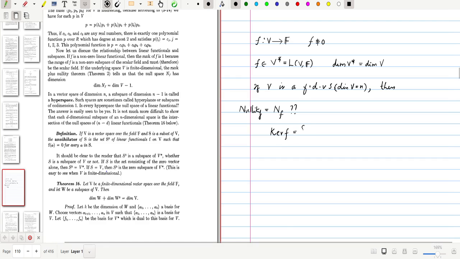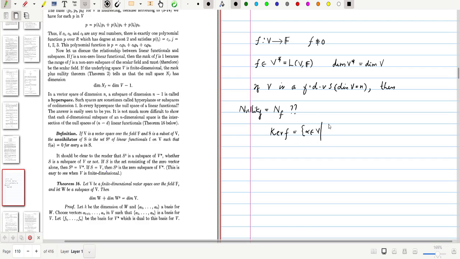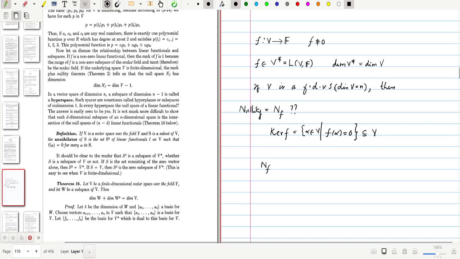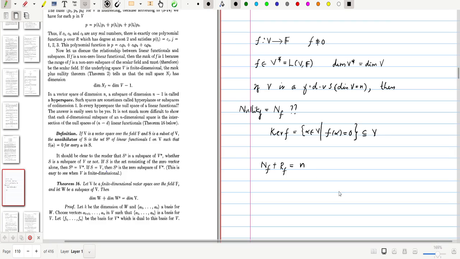Kernel f is the set of all alpha belonging to V such that f of alpha equals 0. This kernel is always a subset of V. But we know that the nullity of f plus the rank of f is n.